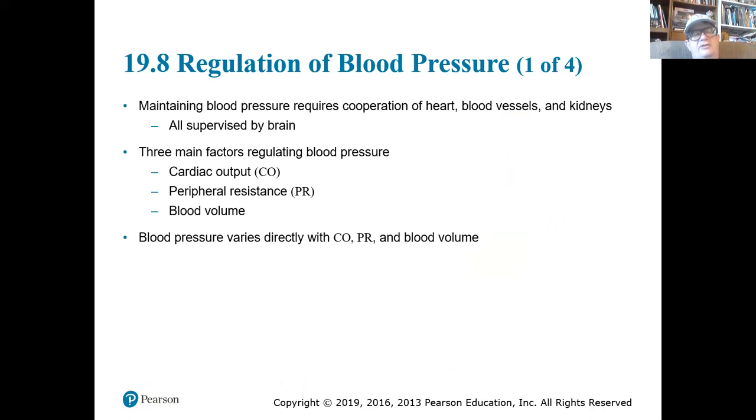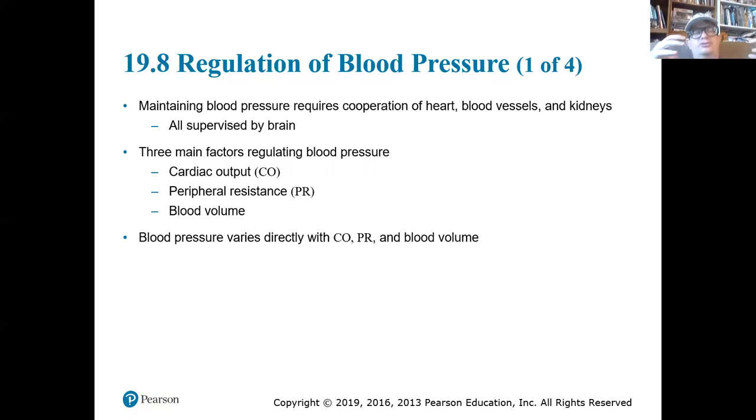But remember we talked in the heart about preload, overload stuff? Well, if the atria are getting stretched too much, too much blood coming in, too high of a pressure, we don't usually think of the heart as being an endocrine organ, but it totally is.